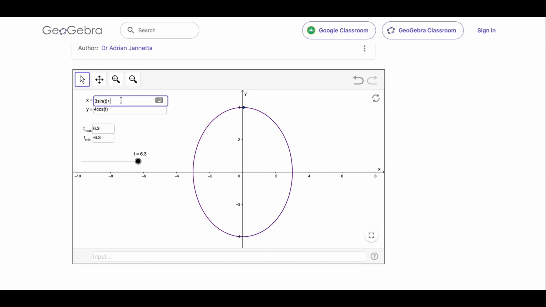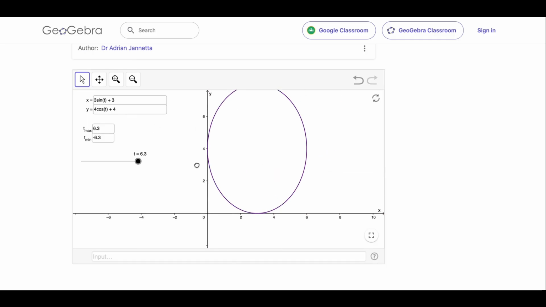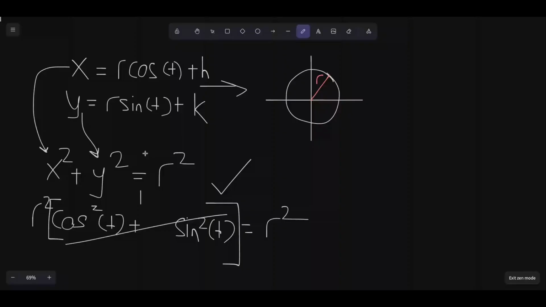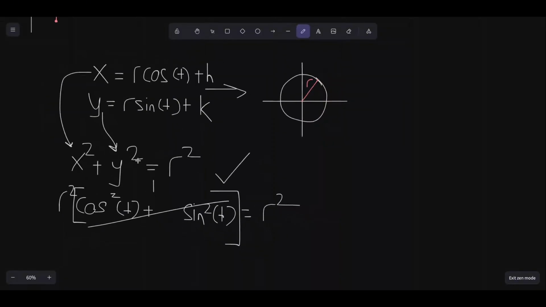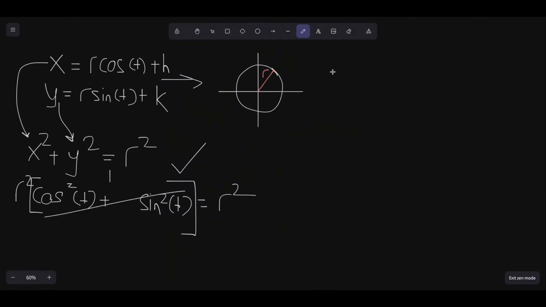If I put a 3 here, it's 3 radius in the x direction. And once again, you're able to move it left, down, up, right with a couple of extra plus or minus near the end of the equation. So instead of the equation of a circle, you would have the equation of an ellipse. And the equation of an ellipse is going to be x squared. This is centered at the origin, once again, just to make things simple.